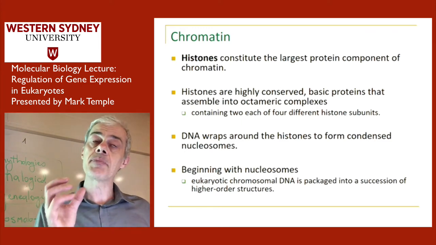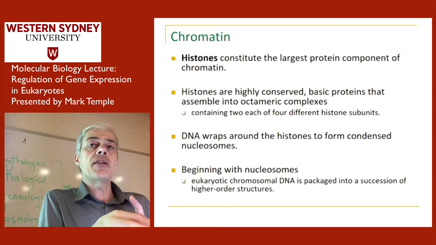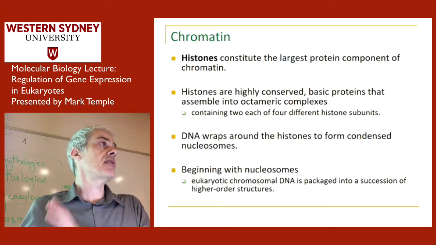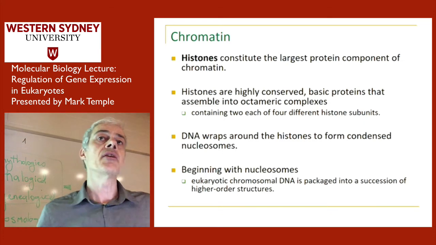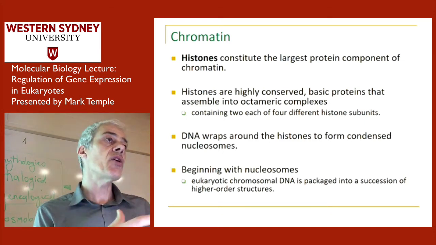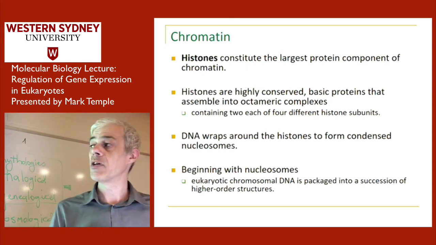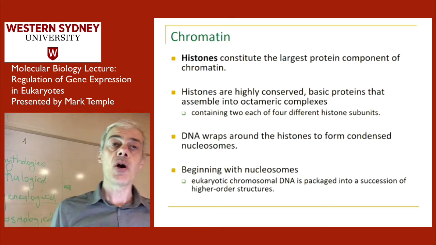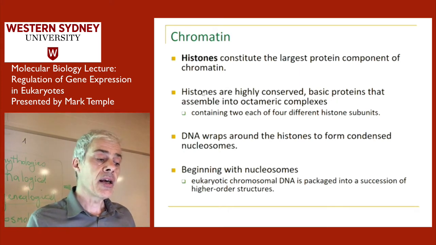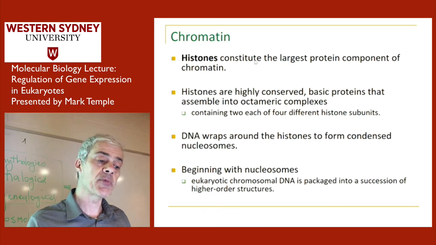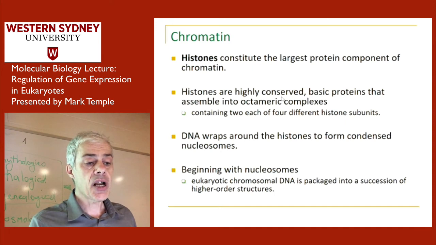As soon as you see something that's highly conserved, what that means is that if you make changes to histone proteins, it affects the cell's ability to survive. So any changes and mutations that occur in histone genes, those cells don't survive. So histone proteins are very important, and any changes to the histone genes are detrimental. So they've been highly conserved over evolution, which tells you straight away that histones and nucleosomes play very important roles in a cell.